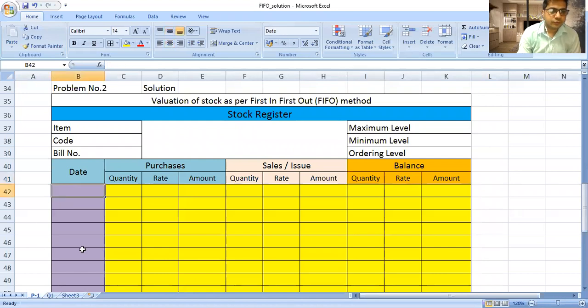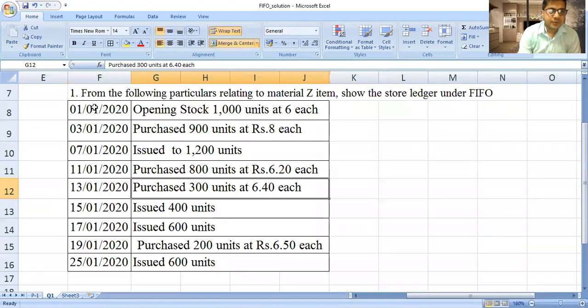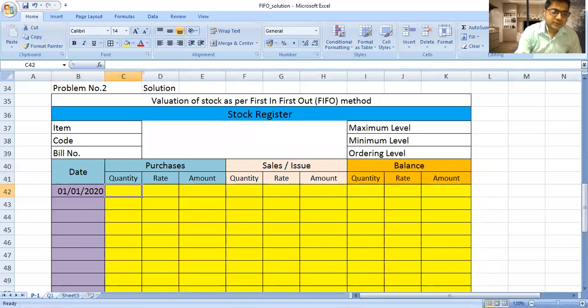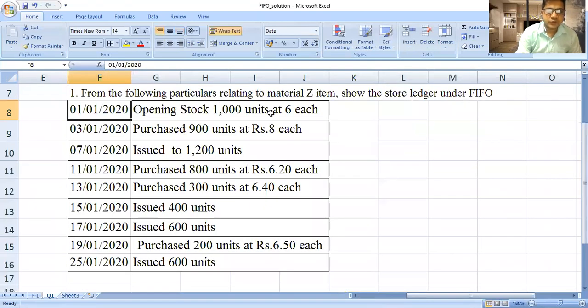Now in our sum they have provided information: 1/1/2020 opening stock 1000 units at 6 each. So we have to put in our register 1/1/2020. Quantity in units, they provided 1000 units at the rate 6 each.